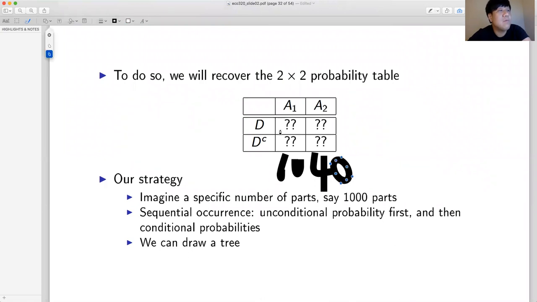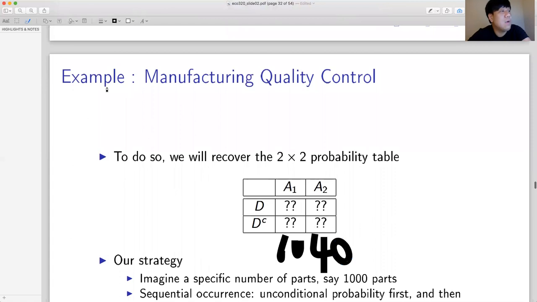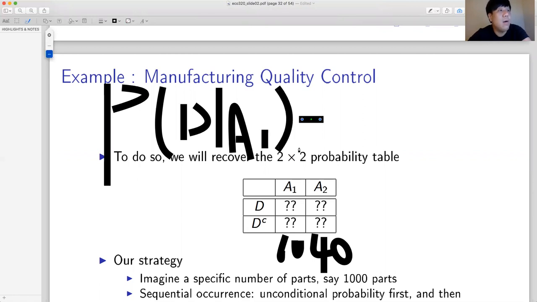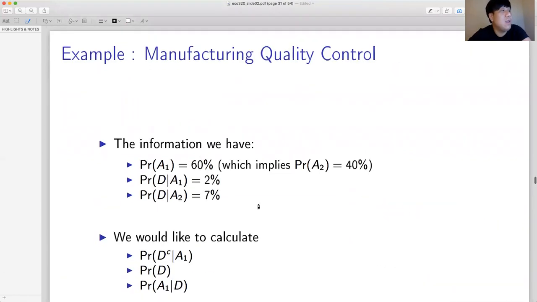So probability of defective given A1, right? A1 equals what? 2%, right?